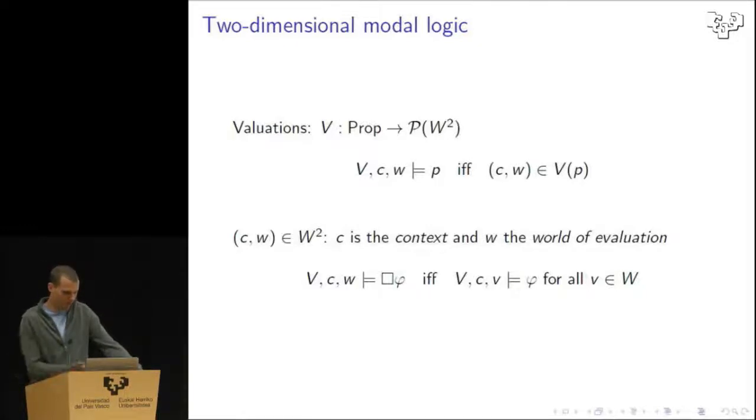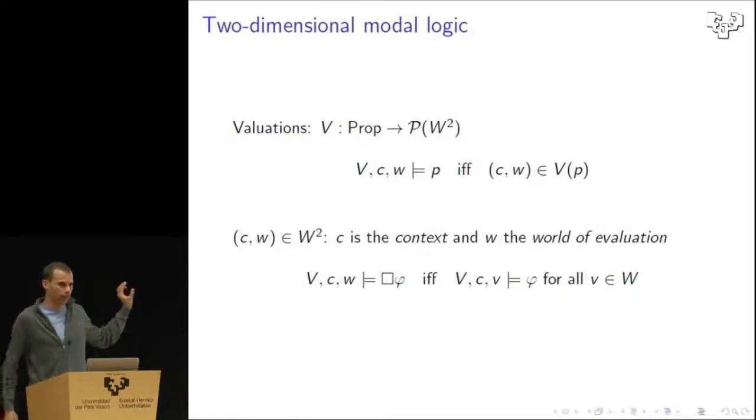One example, maybe the most important one, which I will also use, is the necessity operator, which in ordinary modal logic just quantifies over all possible worlds. Now it does basically the same thing, but it quantifies over all possible worlds only in the second component, the world of evaluation.